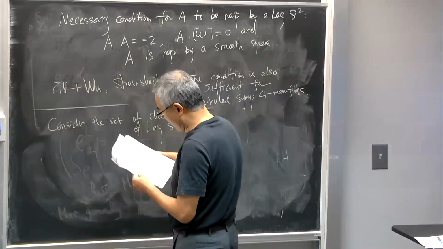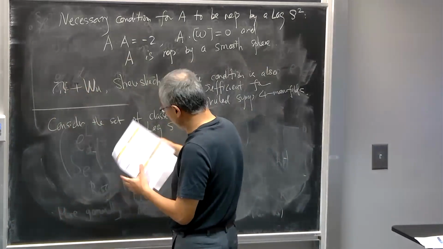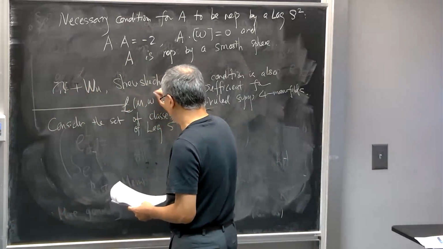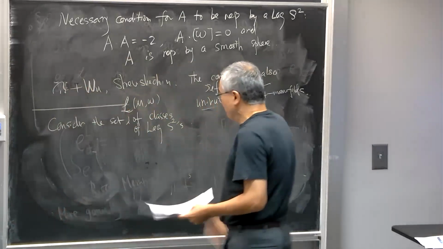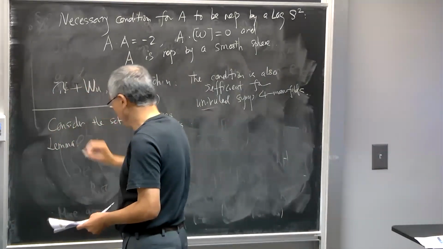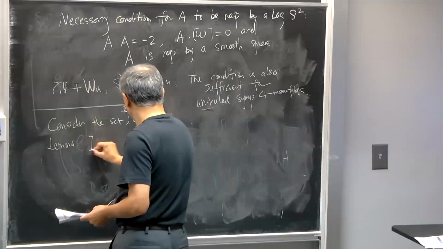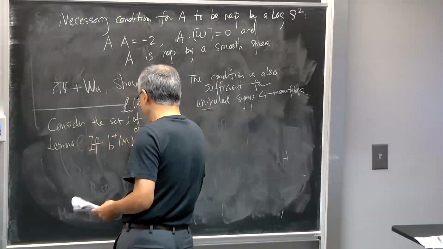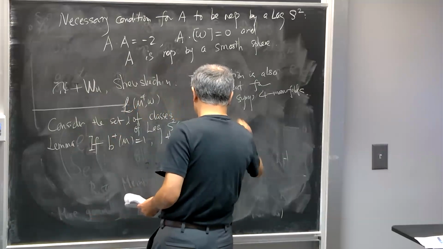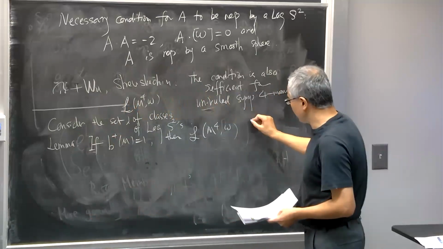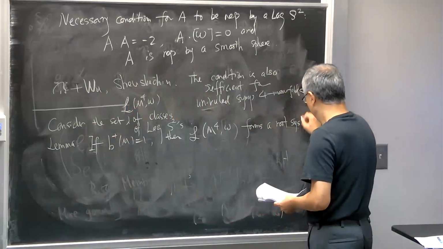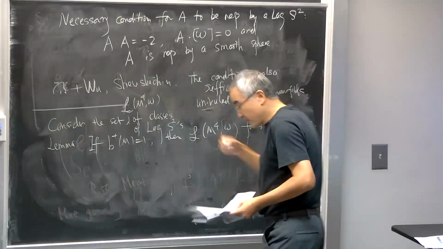I give it a name. A little lemma says that if b plus equals 1, then this set forms a root system in the classical sense.